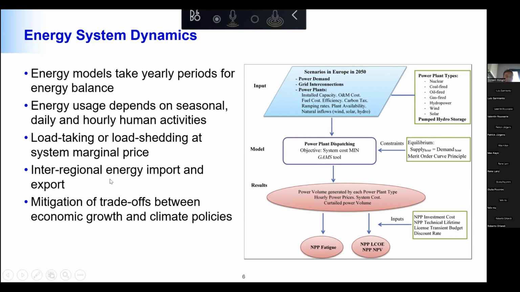And there are trade-offs between economic growth and climate policies, which has to be considered in energy modeling.